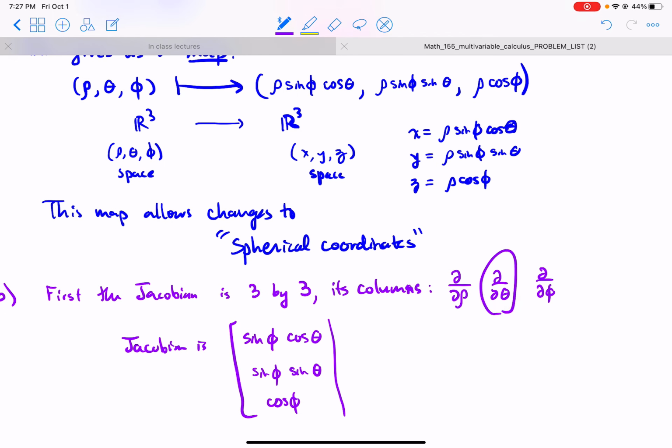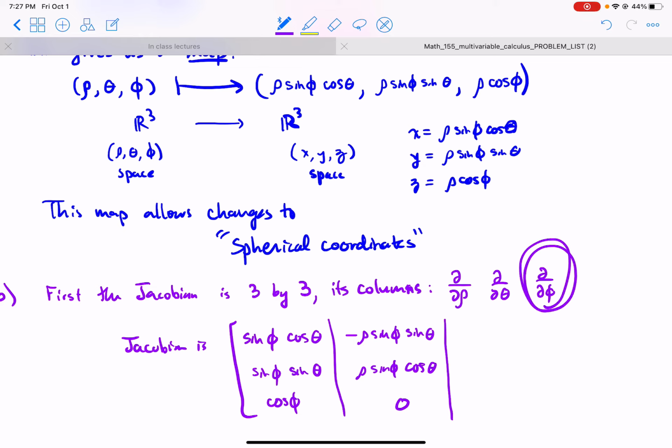The second column comes from the derivative on theta. Here we have cos theta, so it's a minus sine theta. And here we have sine theta, which makes it a cos theta. And here we have no theta, which makes it a 0. That's the second column.